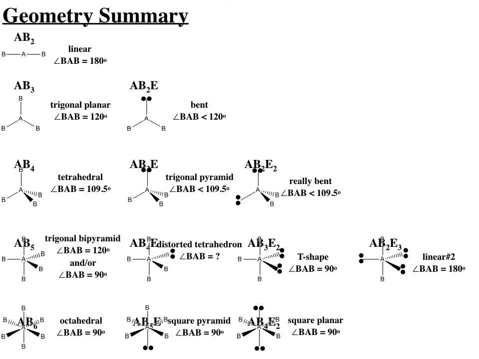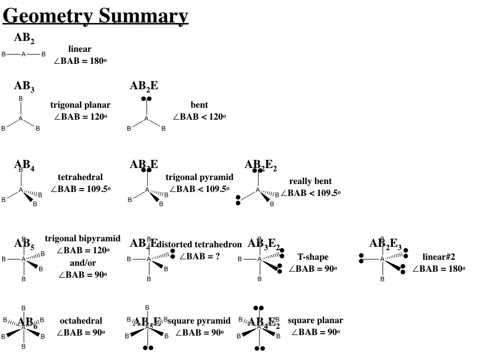This slide represents a summary of the VSEPR geometries that we're supposed to be aware of. Now, if I have B's connected to A's, those are bonded atoms connected to A. If I have E in these representations, that means a non-bonding lone pair of electrons.